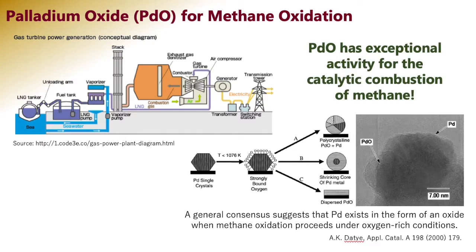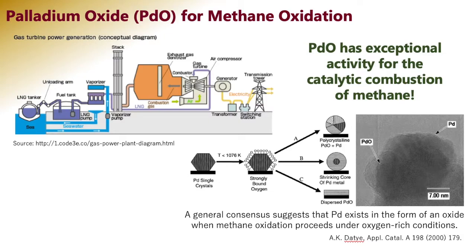Now, experiments have shown that palladium-based catalysts have excellent activity for methane oxidation under net oxidizing conditions. A general consensus suggests that palladium exists in the form of an oxide when methane oxidation proceeds under oxygen-rich conditions and at temperatures below 950 Kelvin.